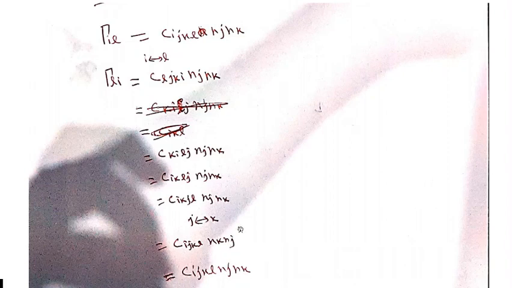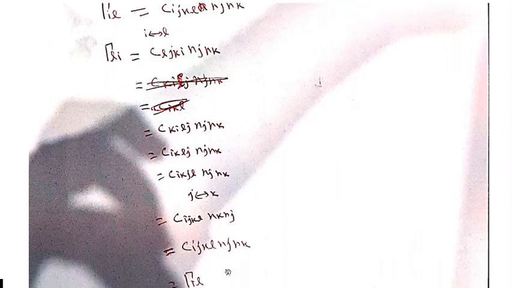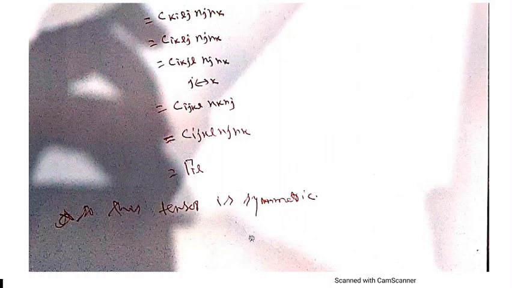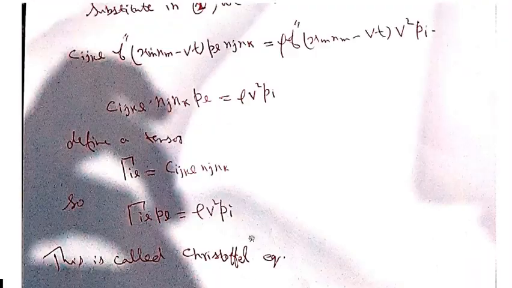We can interchange these because j and k are dummy indices, so we can write k instead of j and j instead of k. So it would be C_ijkl n_k n_j, and this is your gamma_il. And you can see that gamma_li equals gamma_il. So it means that this tensor is a symmetric tensor.